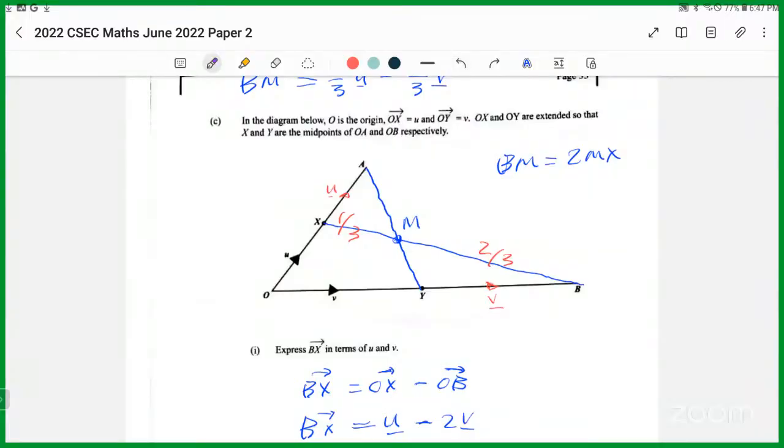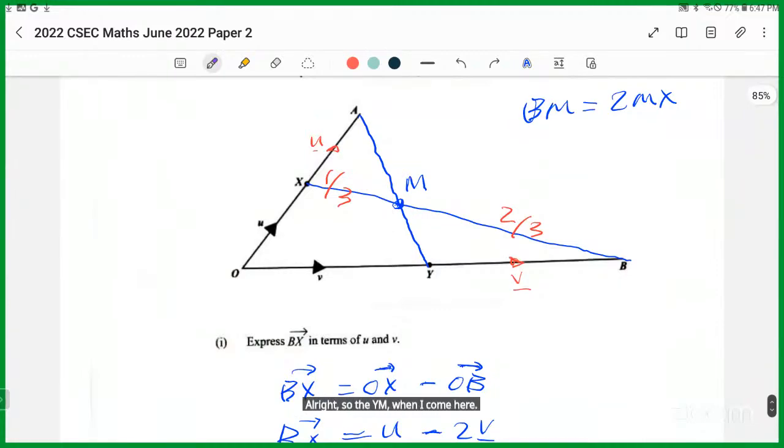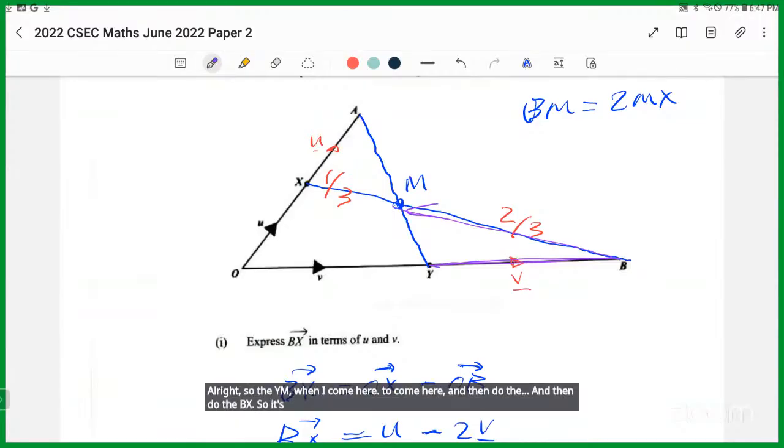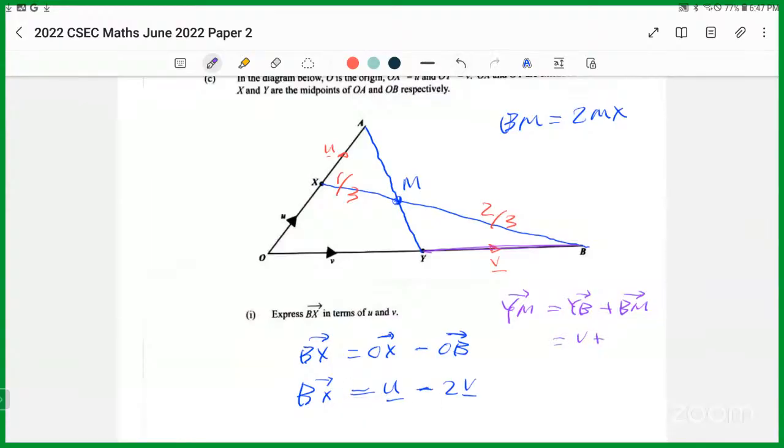YM to YA. So for YM, we have to come here and then do the BM. So it's going to be YB plus BM. That goes from Y to M. Let's write it out. YM is YB plus BM, and YB is just this v.